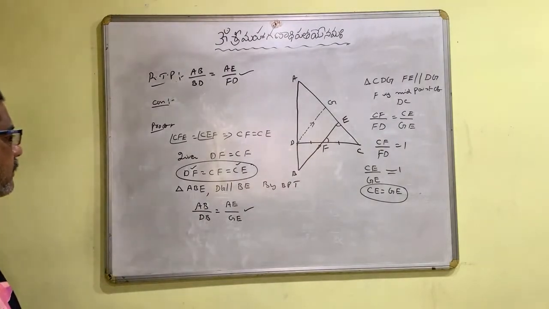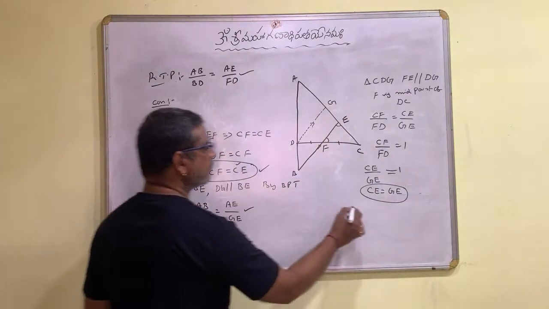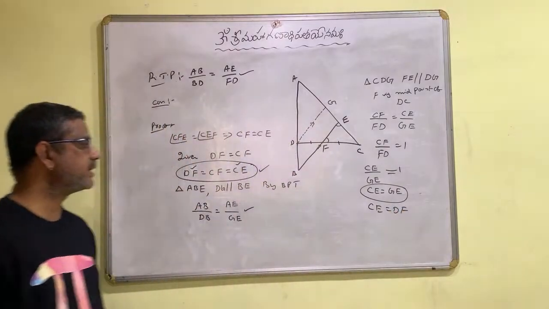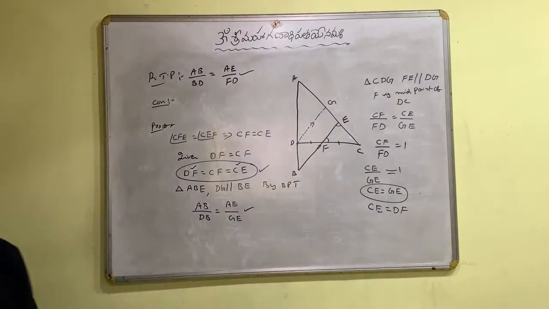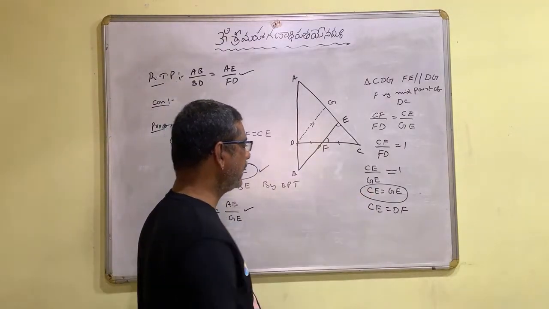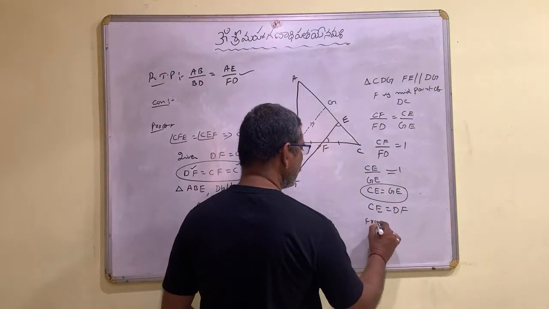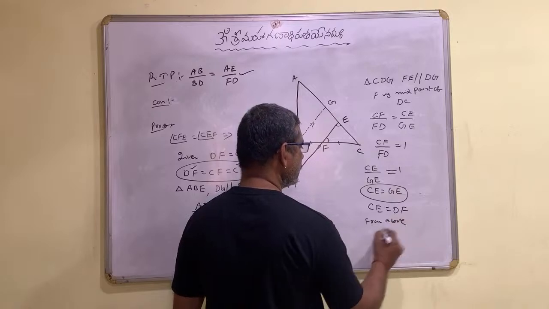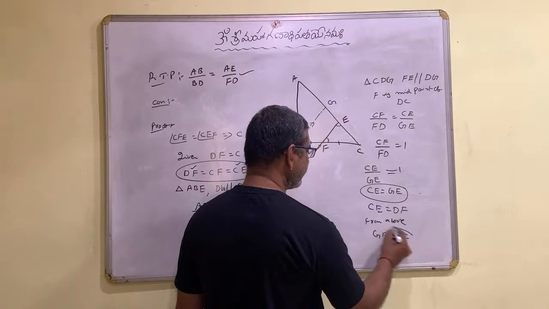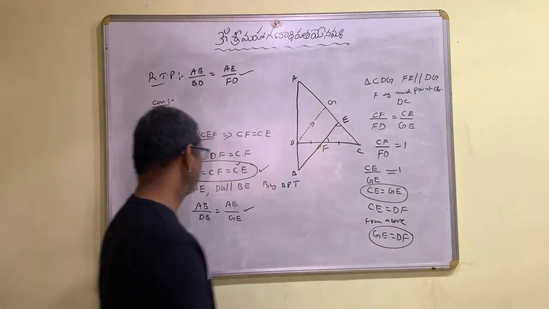Now, from these two equations, from above, GE is equal to DF.